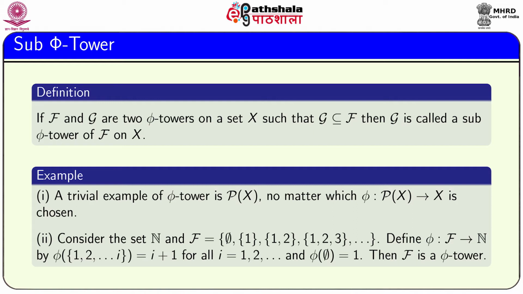Define phi from F to the set N by phi of the set {1, ..., i} equal to i plus 1 for all i equal to 1, 2, etc., and phi of the empty set equal to 1. Then it can be checked very easily that this collection F satisfies all the 3 conditions for a phi tower and therefore, it forms a phi tower.